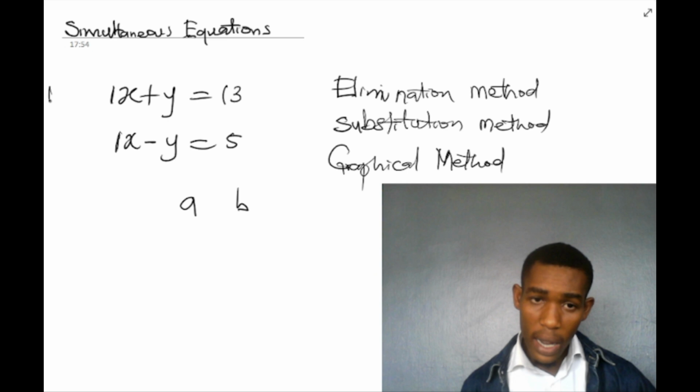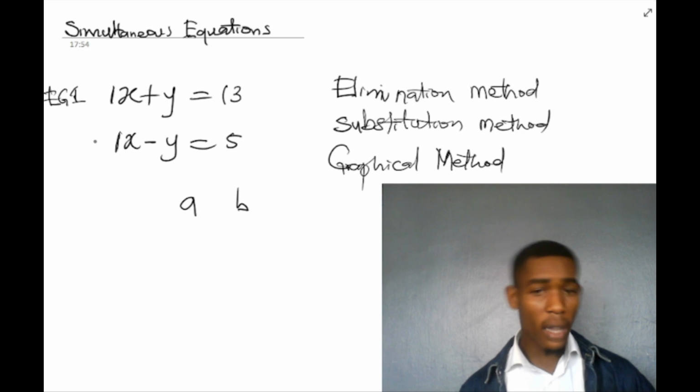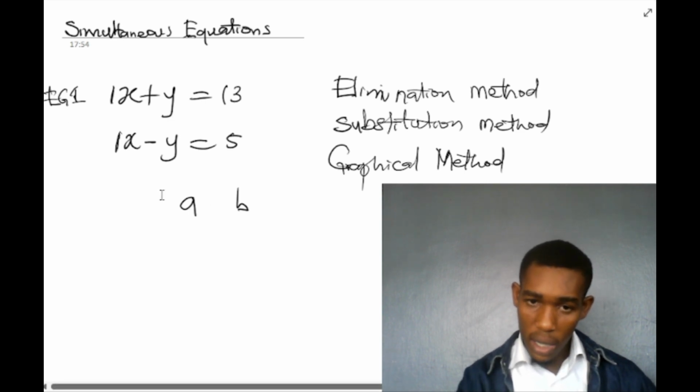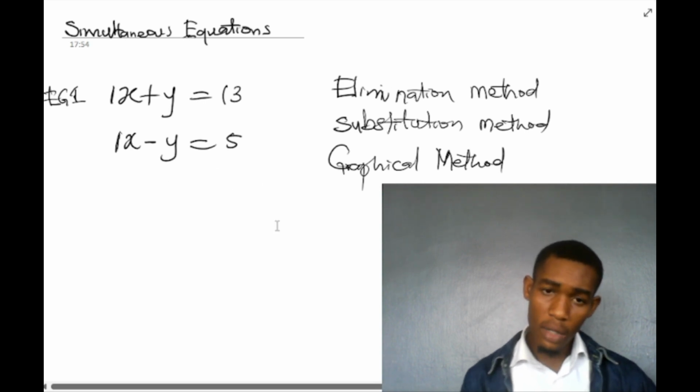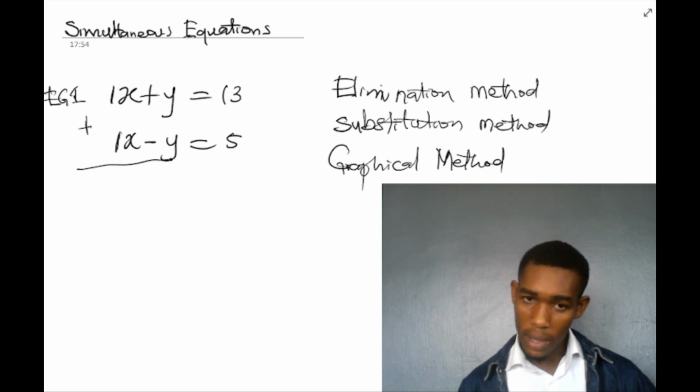Let me use this example first. This is my example 1. For this one, it's pretty easy. I can decide to use addition, or I can decide to use subtraction. Let me say I use addition here. I'll be left with something like this.